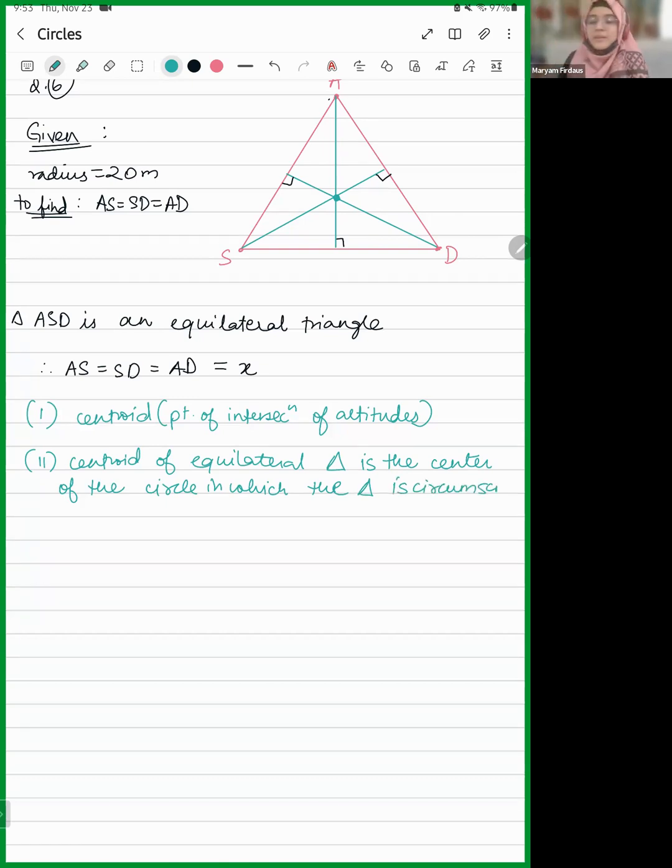Or in other words, the centroid of the triangle is the circumcenter. Let me tell you why we are saying this.